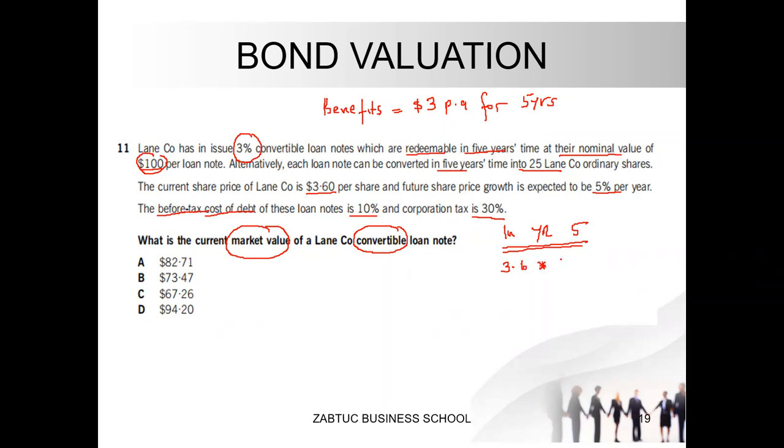Then multiply by 1.05, how many times? 5 times. That will give you the share price after 5 years. How many shares are you going to get? 25. Then multiply this by 25. Let's find the answer. So what is the answer now?